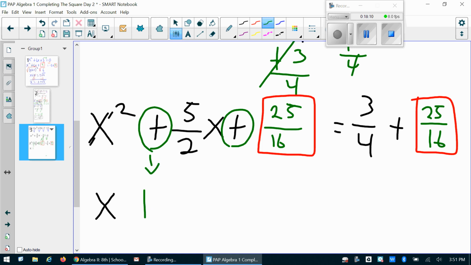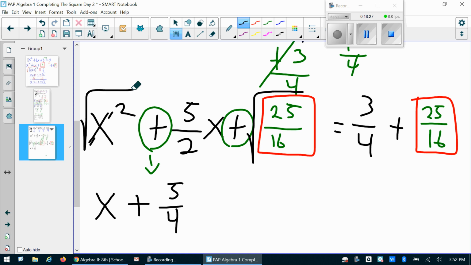Oops, I'm gonna write that in black. The square root of 25/16 is 5/4. So just so you see it, square rooting the ends. This is all being squared.